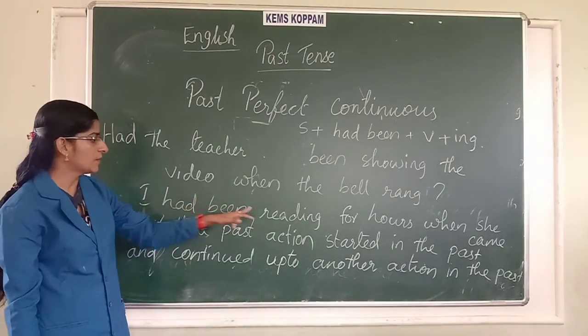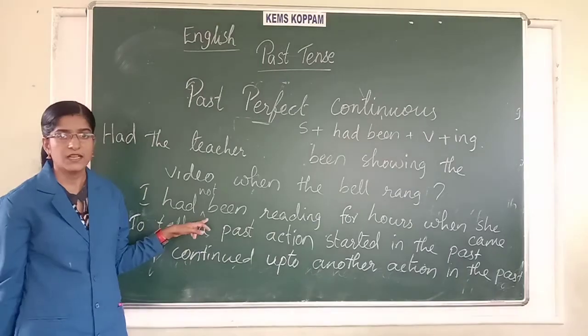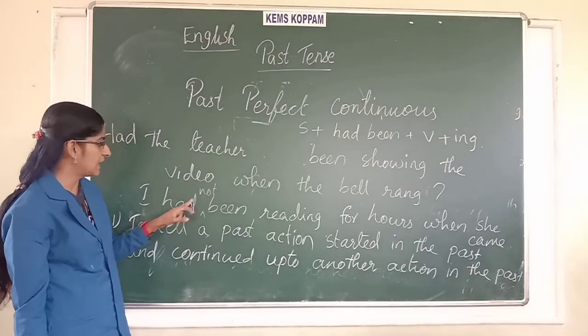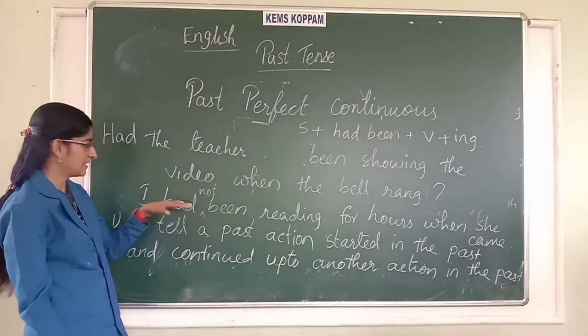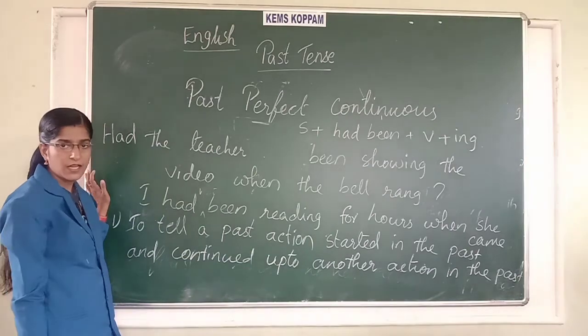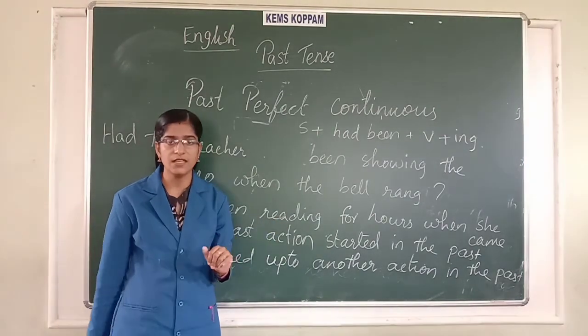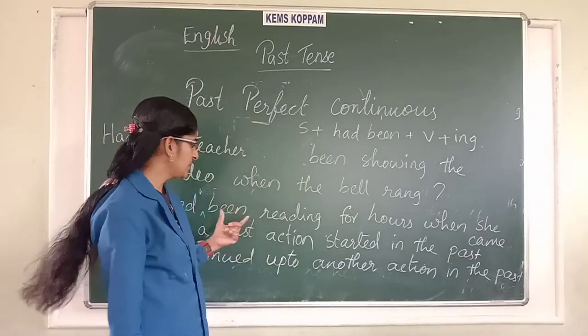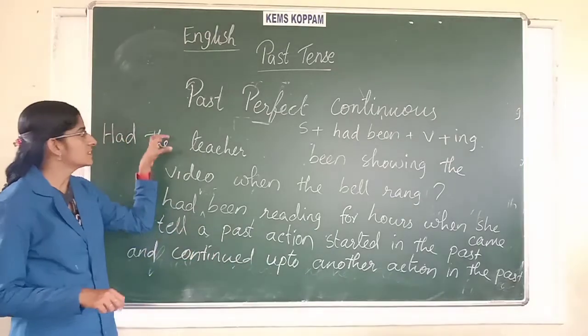I had not been reading for hours. And in order to get the question, how can we write? Had I been reading for hours? Had I been reading for hours when she came? Question mark.